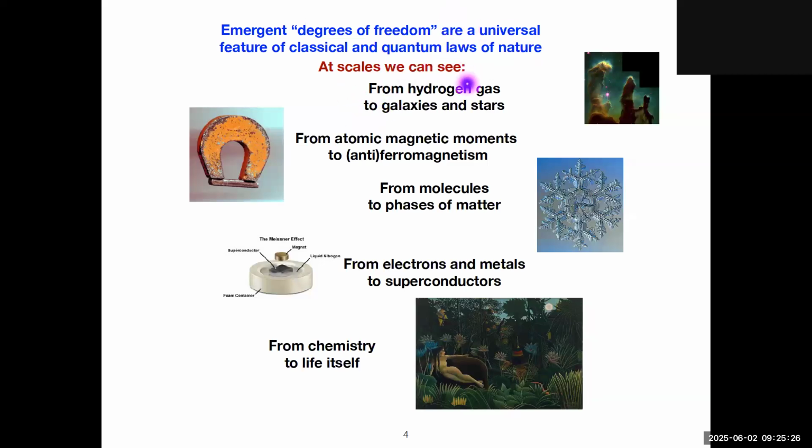At the scales we can see, from hydrogen gas to galaxies and stars, so these are giant things, from atomic magnetic moments to antiferromagnetism, so other magnetic properties, from molecules to phases of matter, from electrons in metals to superconductors, and in fact, from chemistry to life itself. And this is a Rousseau painting here, very well.